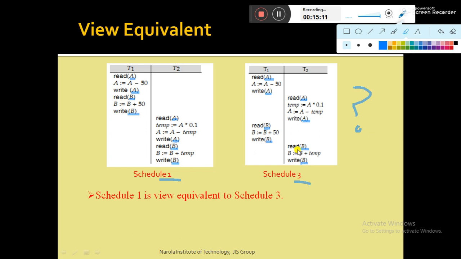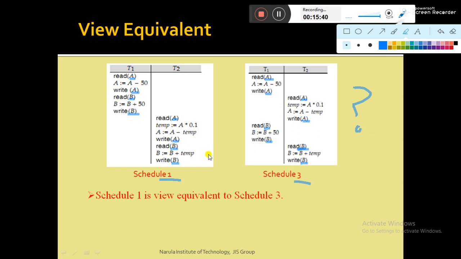So data item B is read by transaction T2, which was previously written by transaction T1. So in both schedule 1 as well as 3, the data item A is read by T2, which was previously written by T1. Similarly, for both schedules, the data item B is read by transaction T2, which was previously written by transaction T1. So the second condition is satisfied.